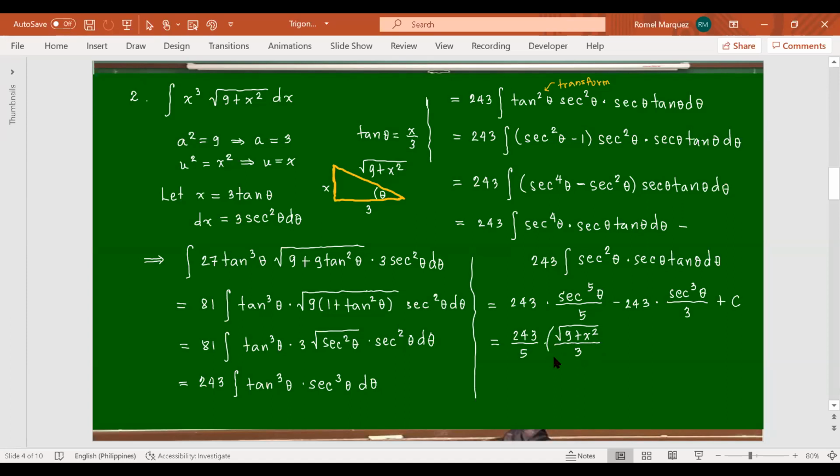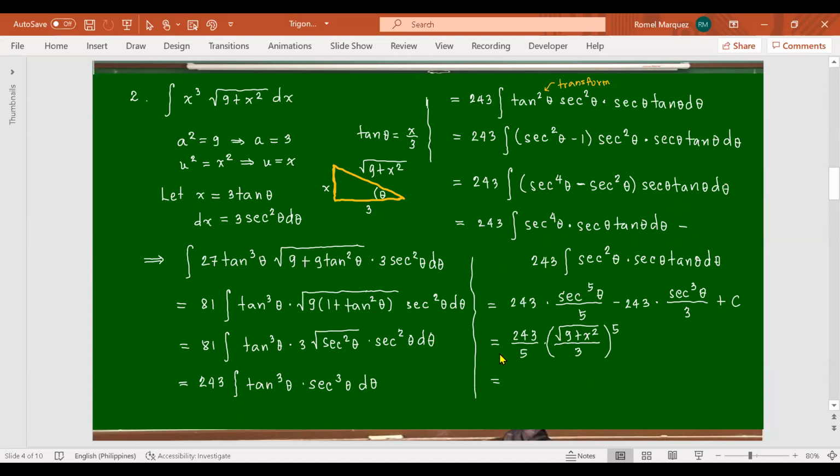And we raise this to 5. So this 3 is raised to 5, in the denominator, multiplied to 243, so 243 divided by 3 raised to 5 is equal to 1. Check this, guys, if I'm correct.